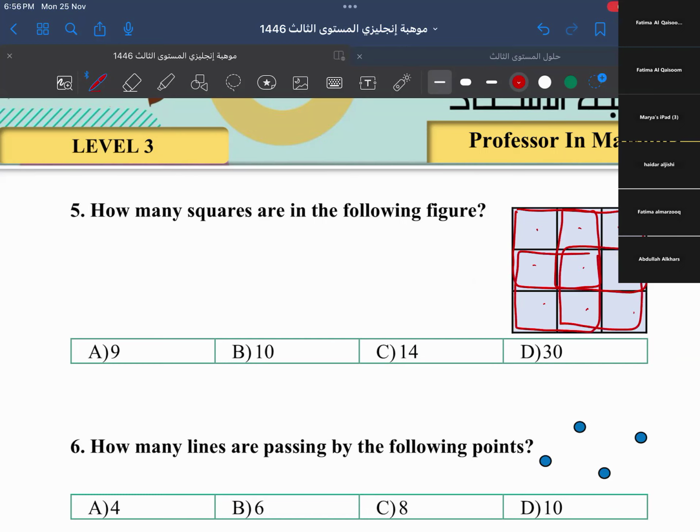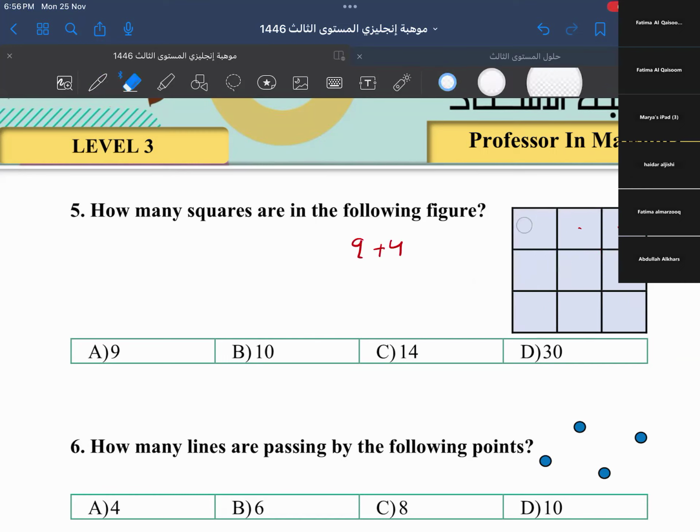So there's 4 more. 9 plus 4. And the big square. That's only 4 and the big square. ممتاز. Plus 1. So here the total will be 14. 14. ممتاز. Okay, so that is the normal way of counting the squares here.